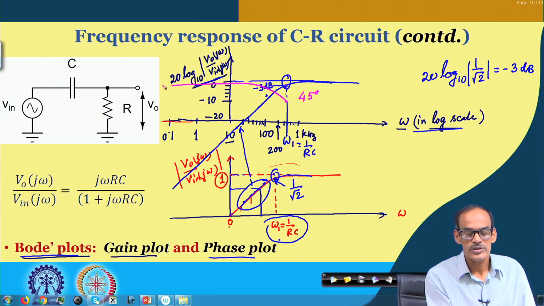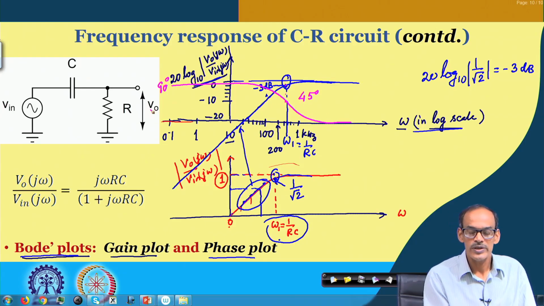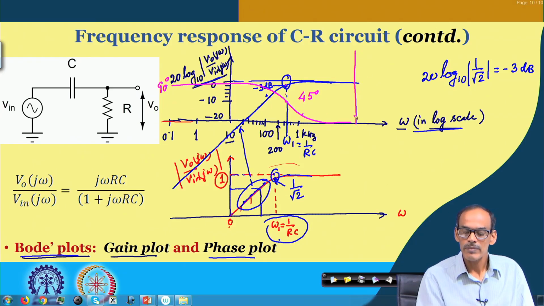So, maybe this was 90 degree, and then it was going to 0 degree. Of course, I have a different scale for this phase. So, this is 0 degree, this is 90 degree, and this is 45 degree.